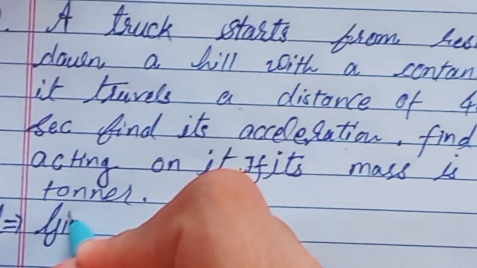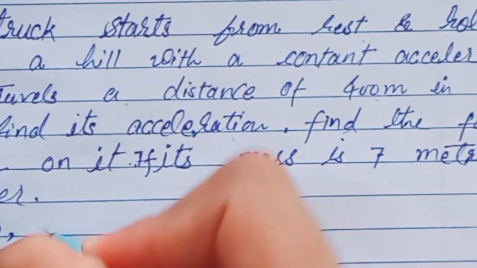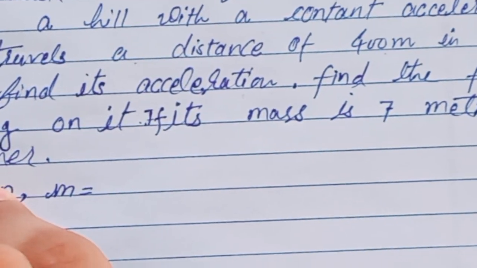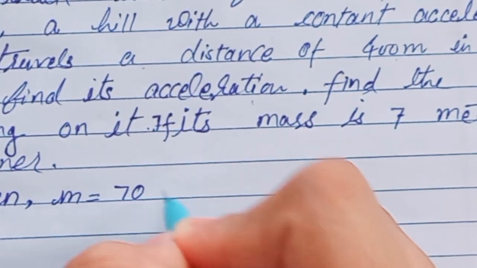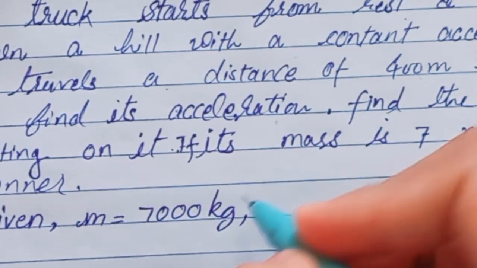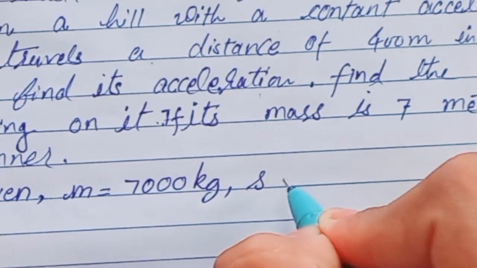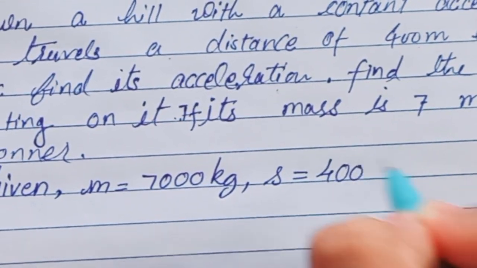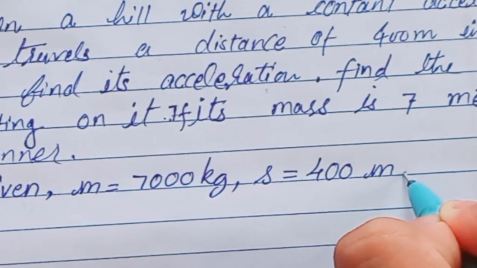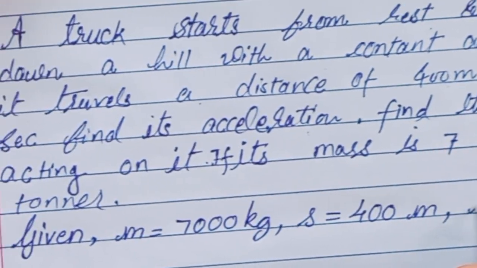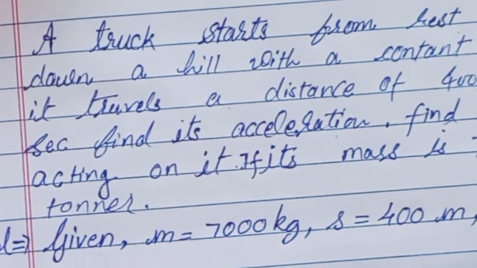First we write the given: mass is 7 metric tons, which is 7,000 kg, distance is 400 meters, and time is 20 seconds.